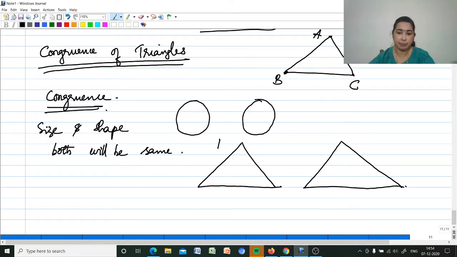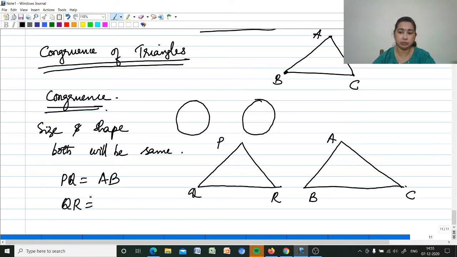Let this be PQR and this be ABC. Here given that PQ is equal to AB, QR is equal to BC and PR is equal to AC.